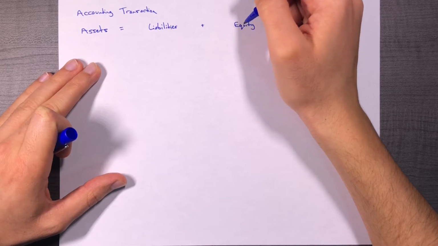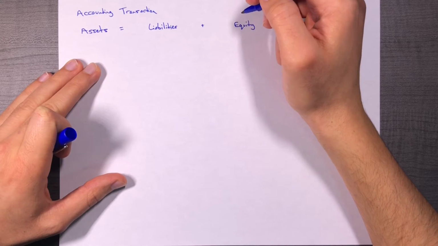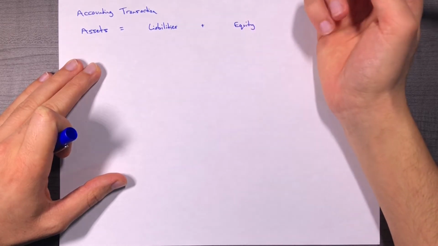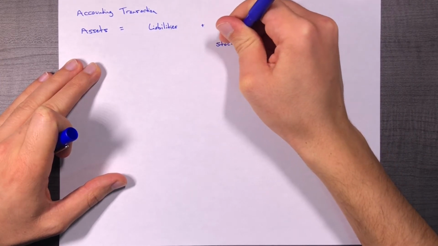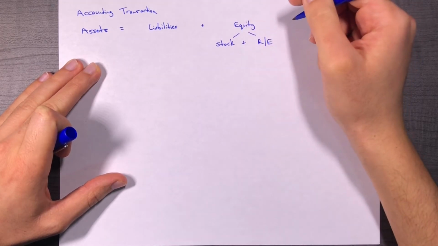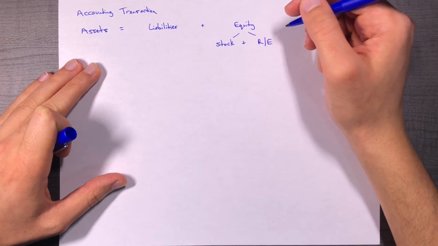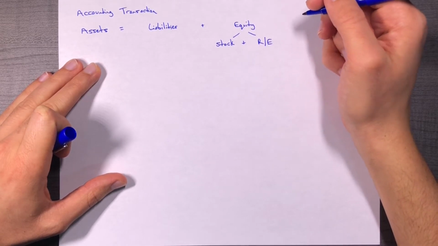Let's break down what makes up the equity section. Like we said last video, equity can be thought of as what we owe to ownership. And we can separate equity into stock plus retained earnings. Retained earnings essentially is the accumulation of profit in the business, or the profit remaining after the owners take their draws or dividends.